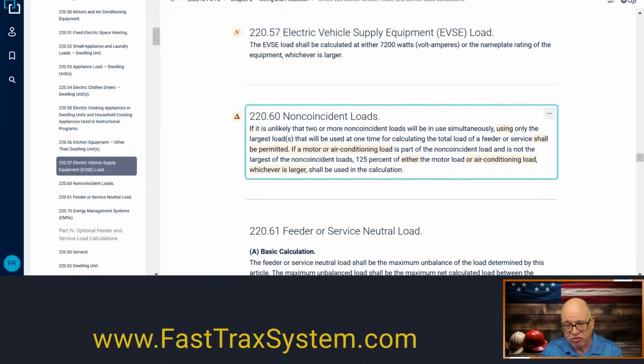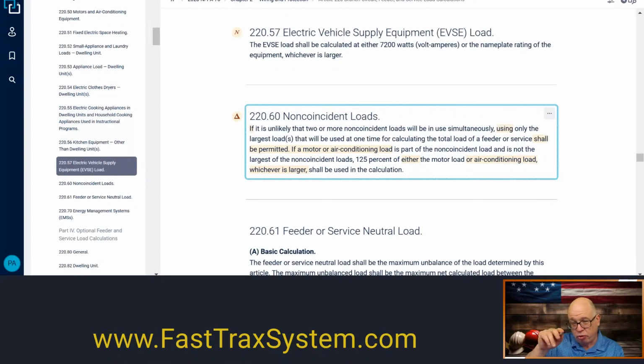Taking that information, what about the second unit, third unit, fourth unit, fifth? At that point, we've already met this rule for taking the largest motor or the air conditioning. The other ones, we simply take at their face value and compare the two. So in unit 1, we're going to be 5,198.